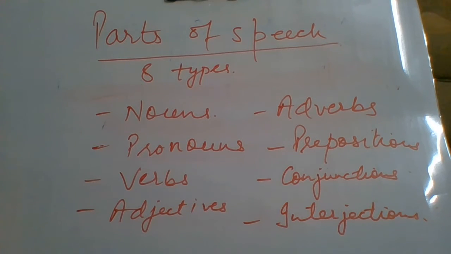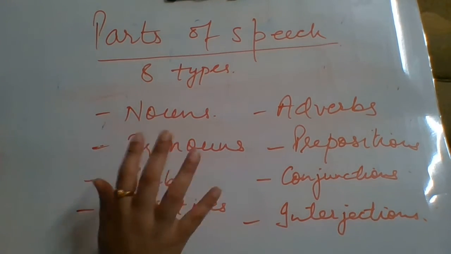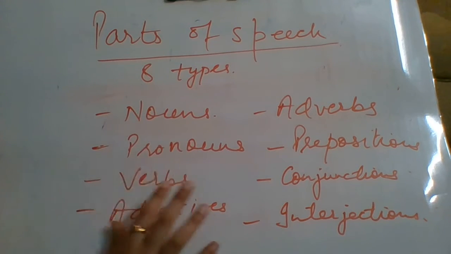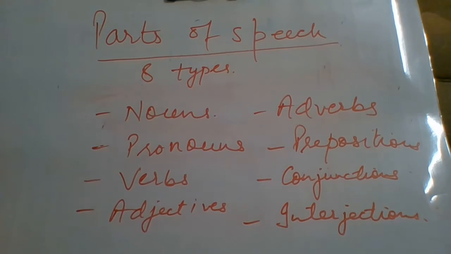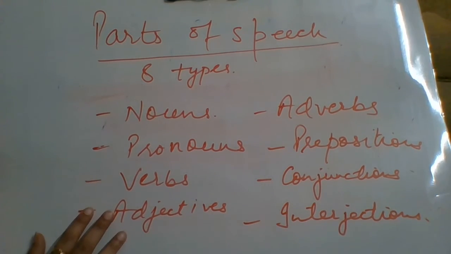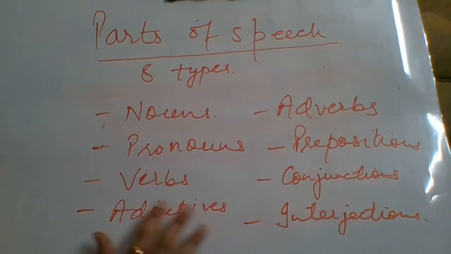I think when we were children, we were taught the definitions of all these things, but we were not told how to use them in sentences. I'll also start with the definitions, but you don't have to learn the definitions. I'll tell you the meanings of every part of the sentence.